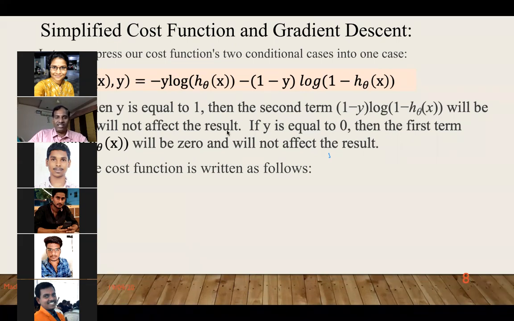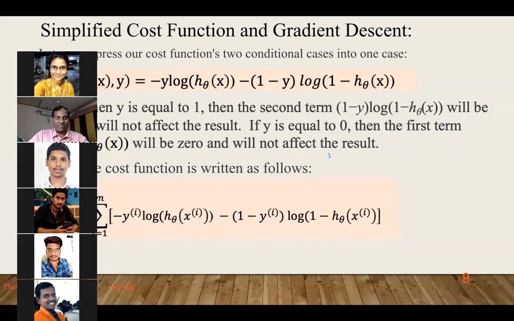The entire cost function is written as follows: minus 1 by m, because for each point we need to sum, i equals 1 to m, minus yi, this is the given value for y in the training data set, log of h theta xi. This is the cost for this, minus (1 minus yi) log of 1 minus h theta xi.